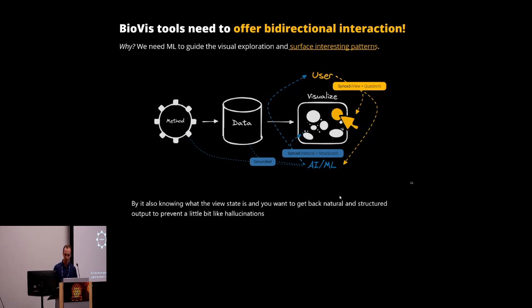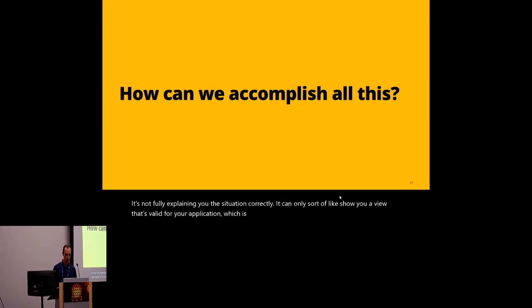The key idea there is that you can only do stuff that's in a very constrained space allowed for your app. And so even if the natural language is not fully explaining the situation correctly, it can only show you a view that's valid for your application, which is really powerful.